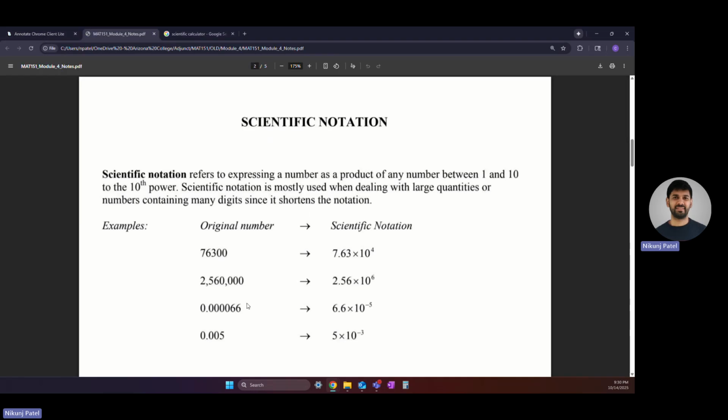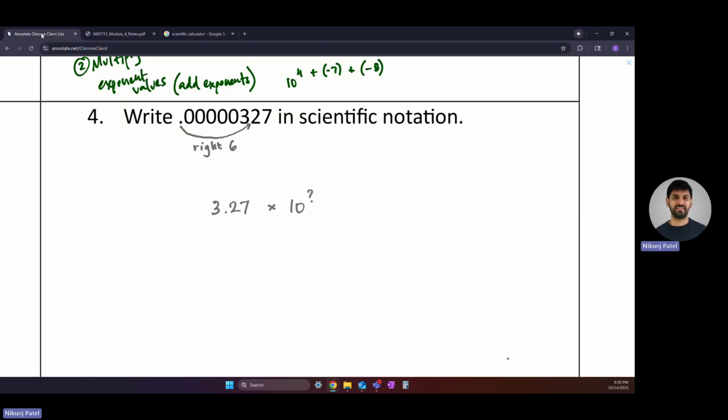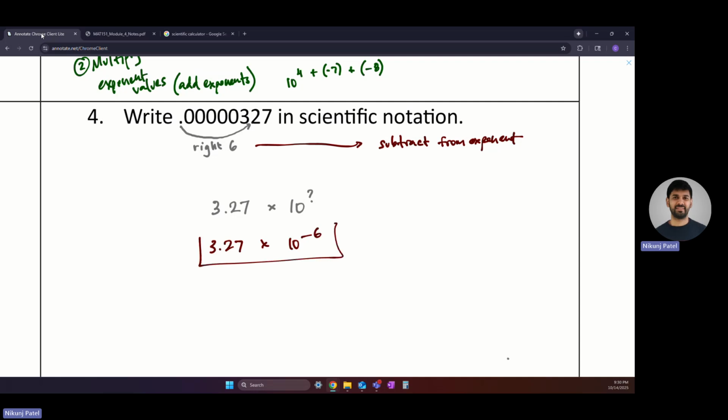And in examples where we had a small number to start off with, meaning a lot of zeros after the decimal, that turned our exponent into a negative or we subtracted. So this tells us whenever we have right 6 that we want to subtract from the exponent. So this would turn it into 3.27 times 10 to the negative 6.